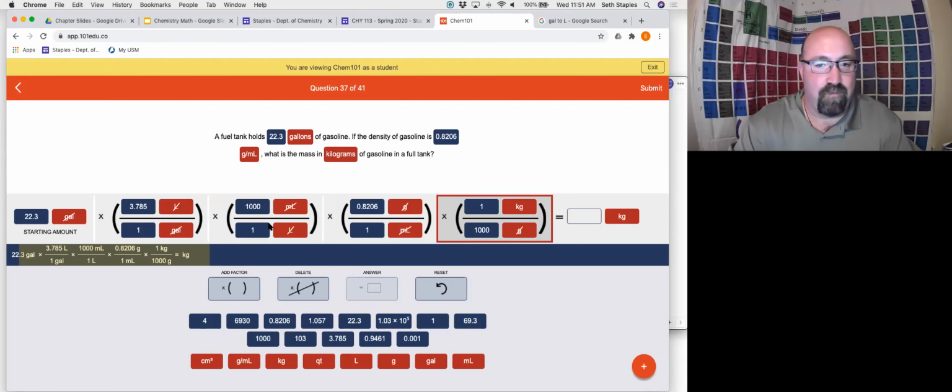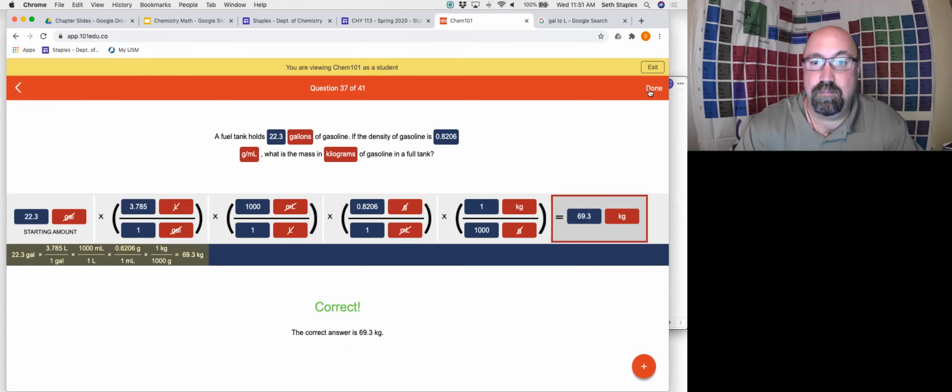And so we round this to 69.3 kilograms. And we got it right. And so that's how you would use dimensional analysis to solve this problem.